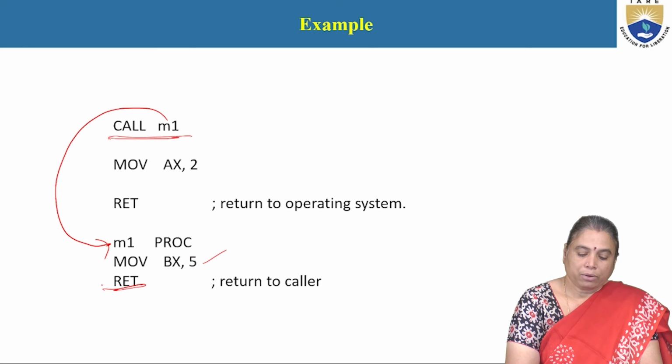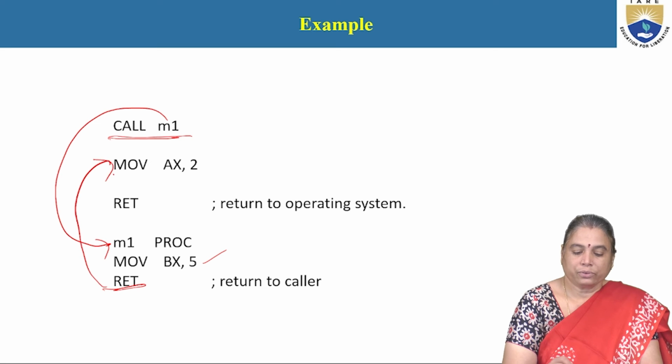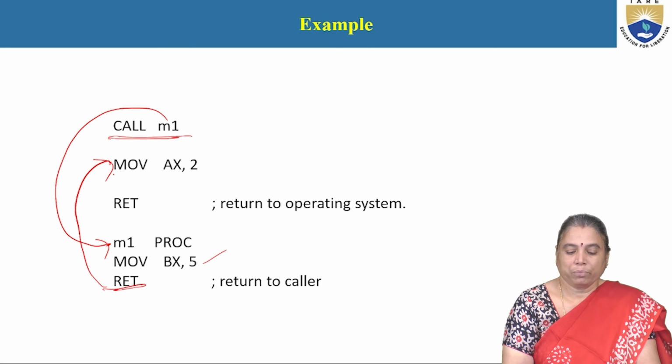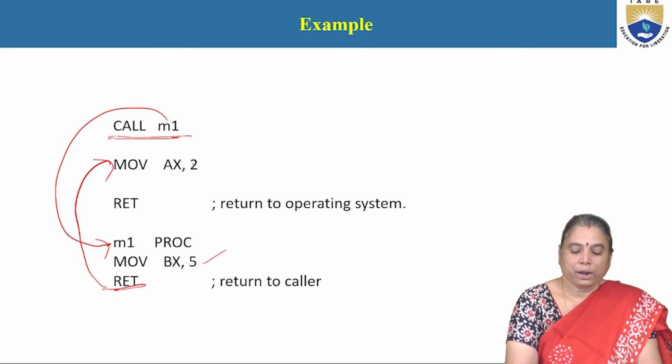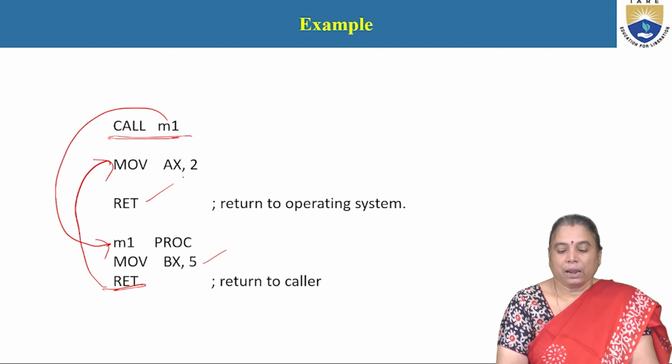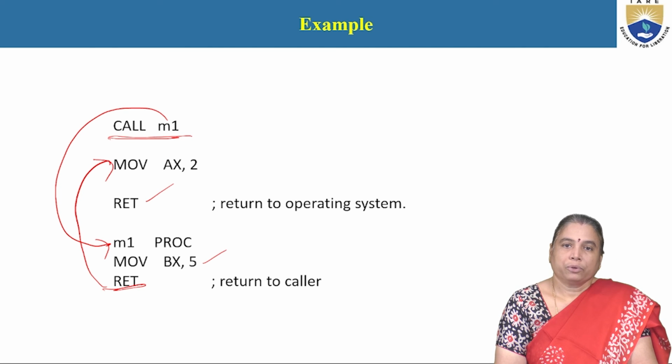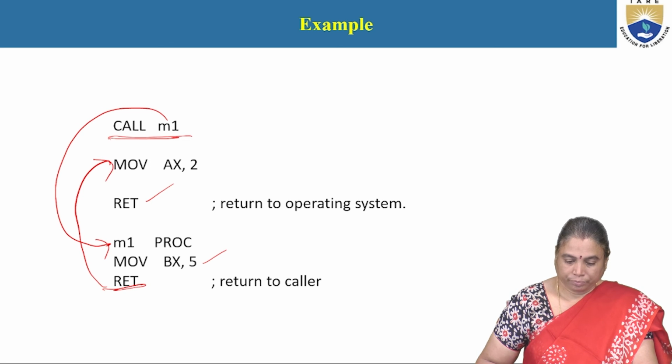When it encounters the return, the next instruction of the main program is executed: the value 2 is moved to AX, and return. Like that, CALL is used to make a procedure call, and RETURN is used to return from the subroutine.